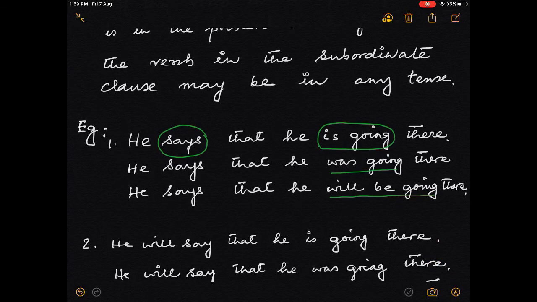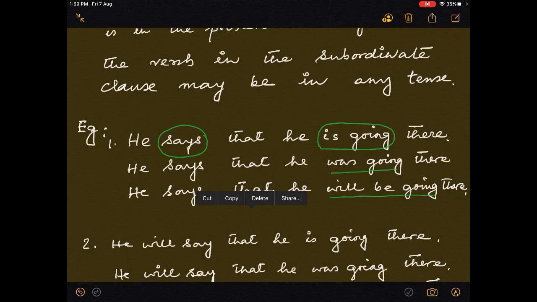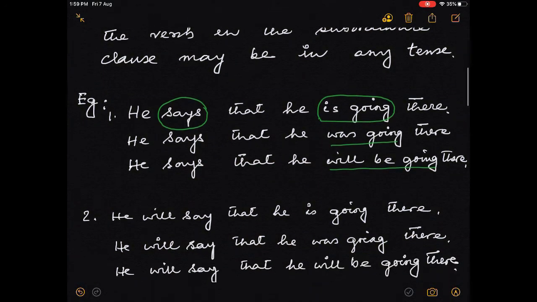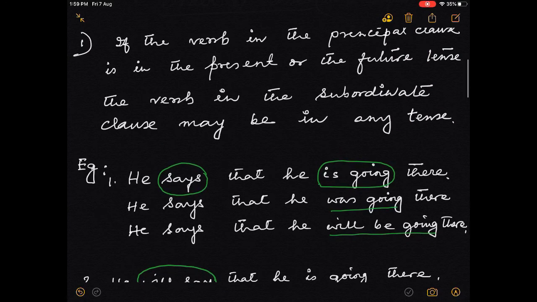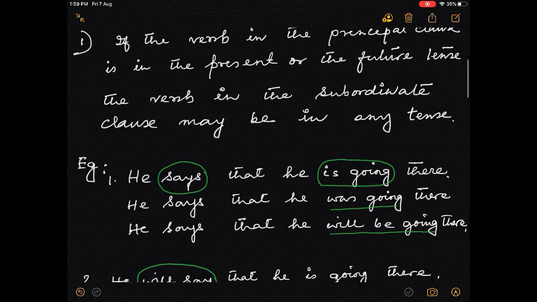Take another example from the second set of sentences, that he will say. In the rule it is stated that if the verb in the principal clause is in the present or the future tense.